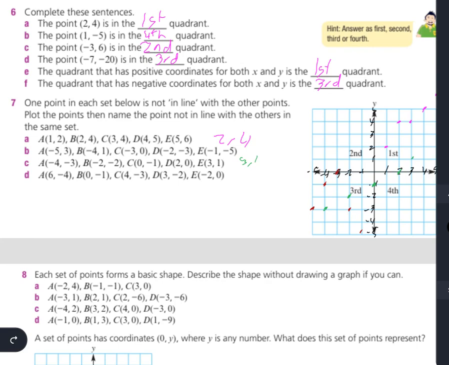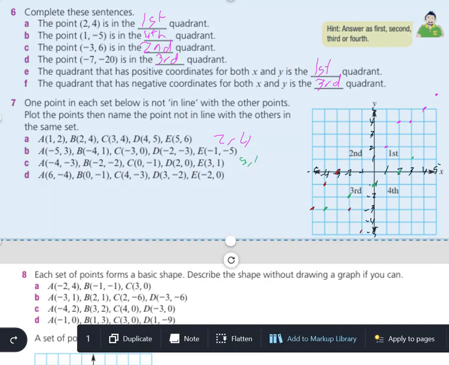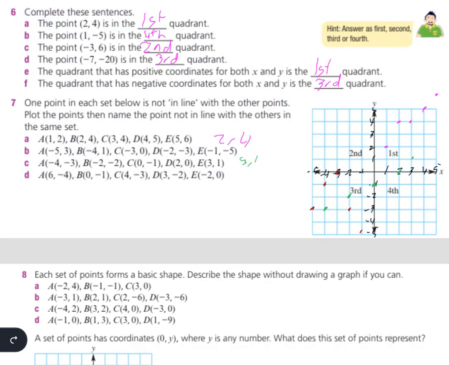Let's go to blue now for D. So we've got 6, minus 4. So 6 would be over here somewhere, and minus 4 would be right on the end of our picture. Then it says 0, minus 1. Then it goes 4, minus 3.